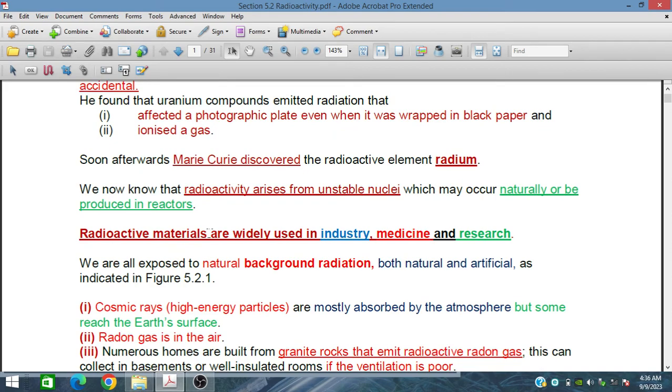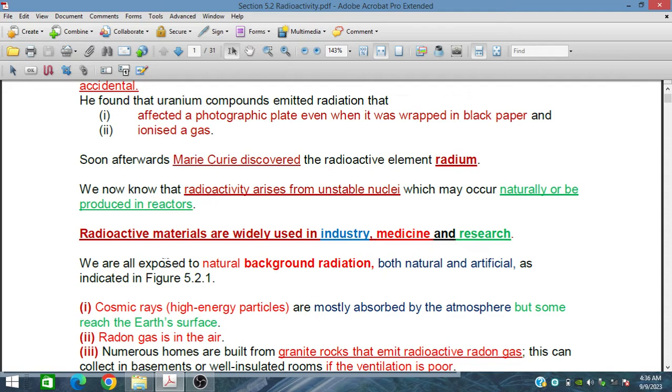Radioactive materials are widely used in industry, medicine and research. So these are the application areas: industry, medicine and research, and many other areas.